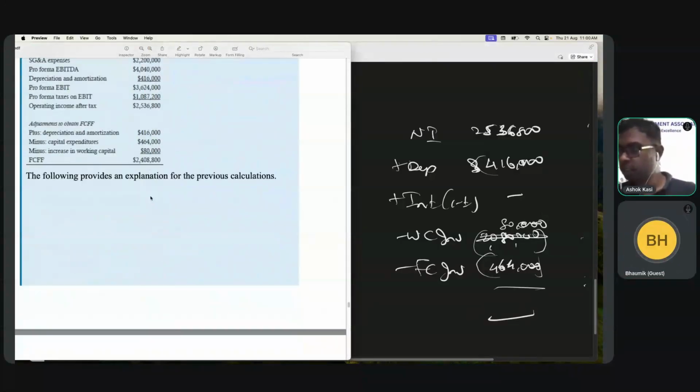Yeah, this answer, right? Okay, it's a very normal sum.